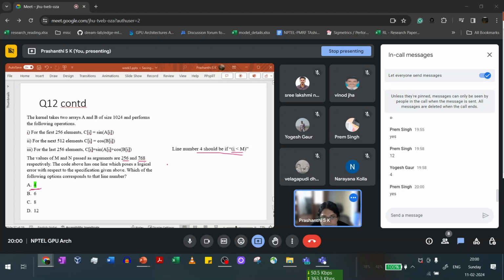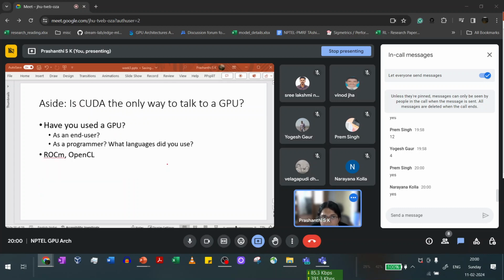Great. Okay, again, I think we're almost out of time. So this is one other thing I wanted to briefly tell you. A lot of this course will emphasize CUDA, and that holds for NVIDIA GPUs, and it makes sense because NVIDIA has the leading market share, right? But remember that there are other platforms and other software stacks too.